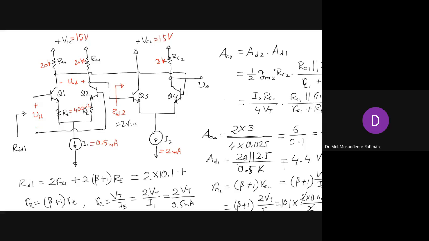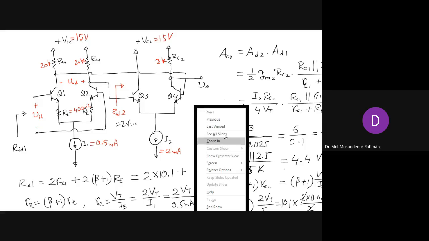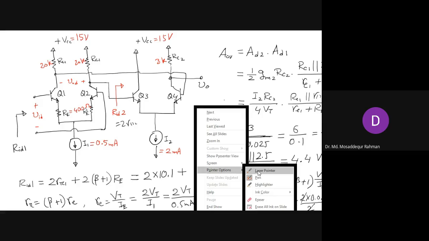So these are the gains for the two stages. So now we can calculate the overall gain.